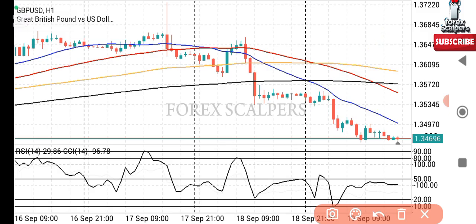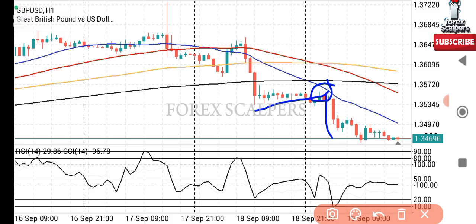So you need to be patient to get a signal telling you that this pullback that has happened to this moving average has come to an end, and that sellers are about coming in to take price to the downside to create a new lower low.